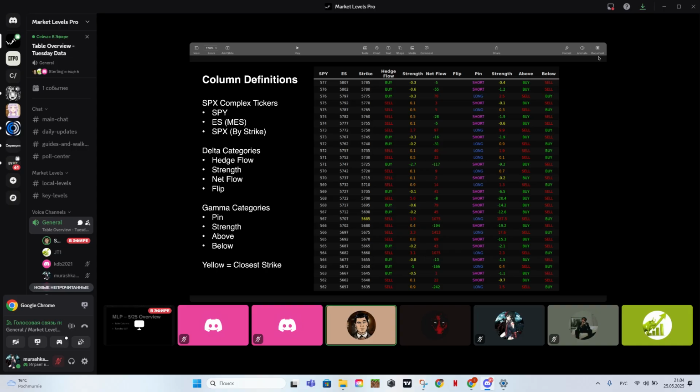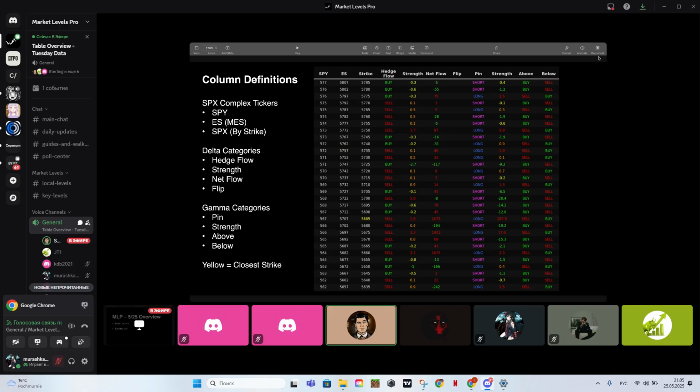We'll update that as needed, but this gives you a great idea along the chain where you're going to see very specific behaviors in terms of hedging. Under the strike column are all your SPX strikes. This table was originally built specifically for SPX options and the SPX option chain, so everything you're seeing is data derived from that.